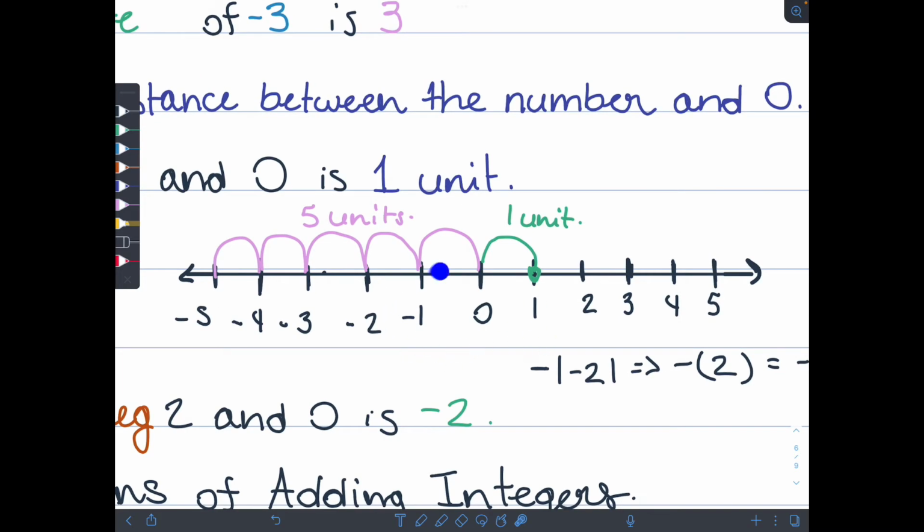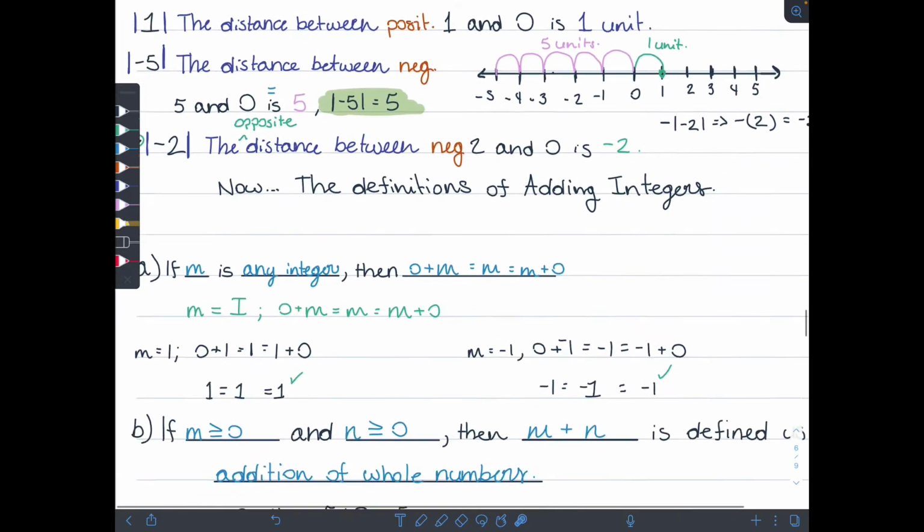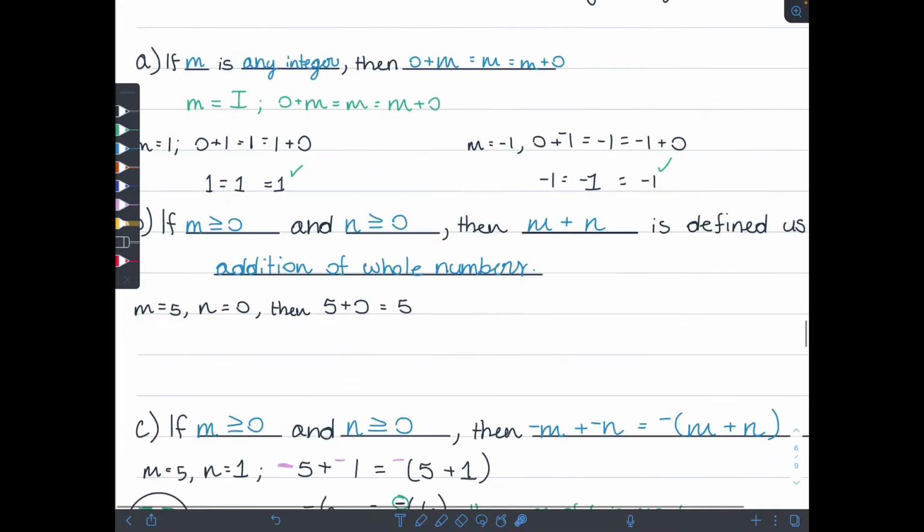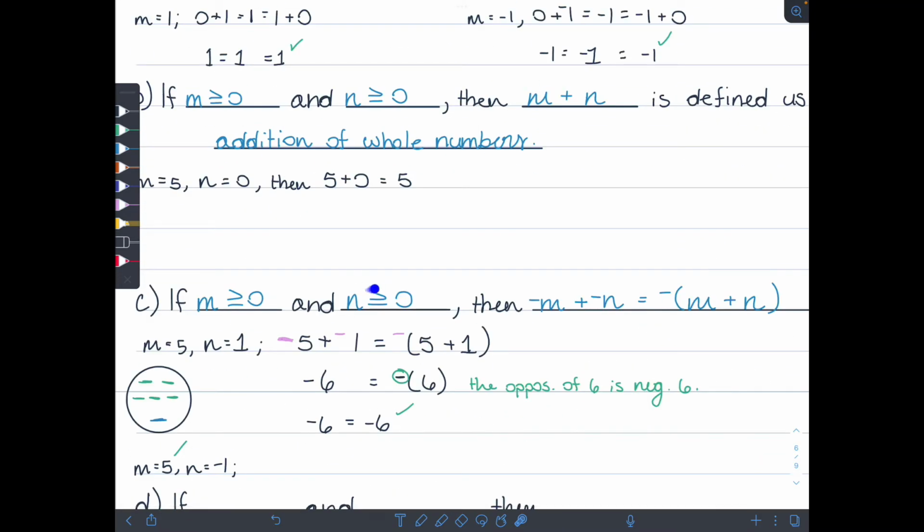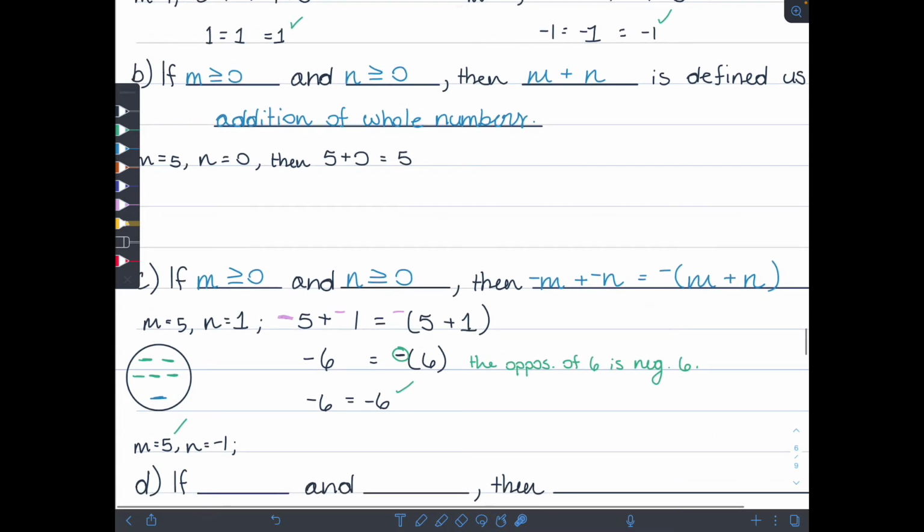Is negative 1 greater than 0? Or how about this? Is negative 1 in front of 0 or behind 0? Behind 0. Therefore, negative 1 is less than 0. And in our prerequisite, it says that n must be greater than or at least equal to 0. So this n equals negative 1 does not work.